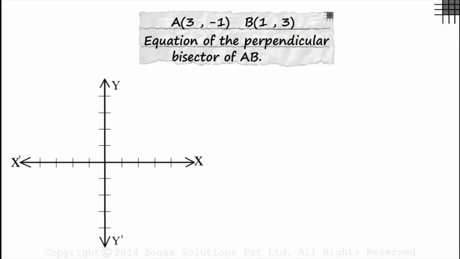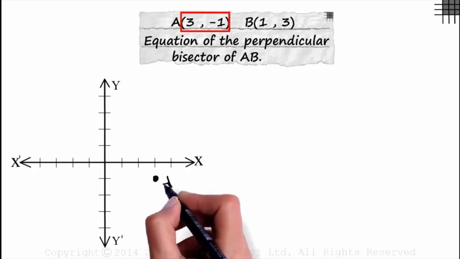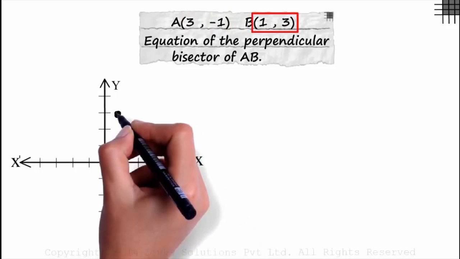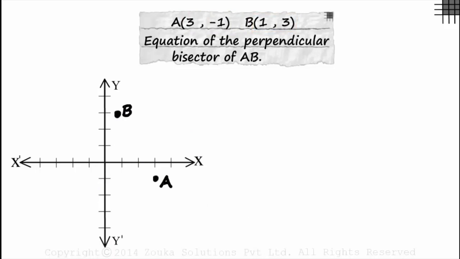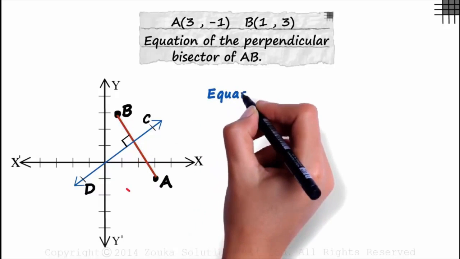Given point A (3, -1) and point B (1, 3). For the first step, let's draw point A and point B in a coordinate system. The new line CD is the perpendicular bisector of AB.